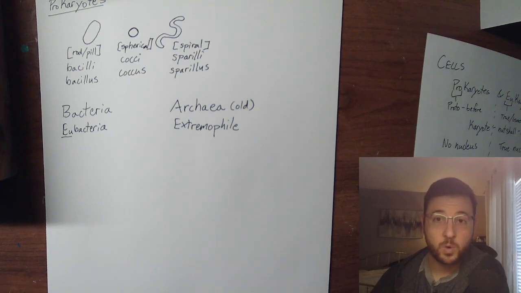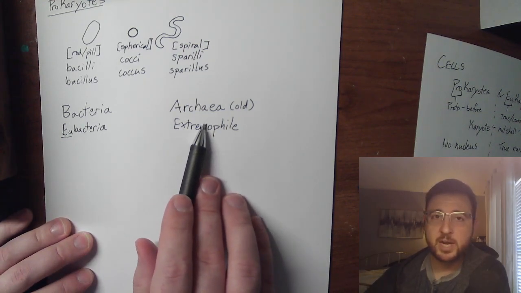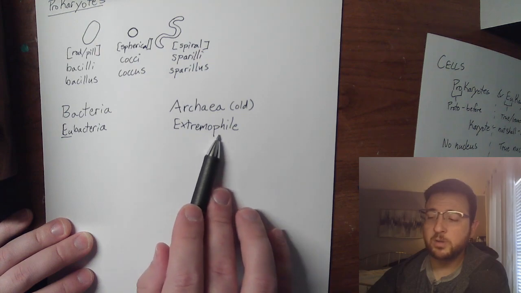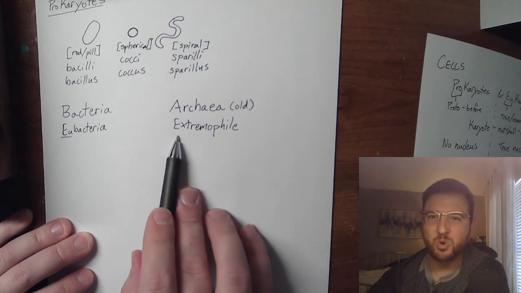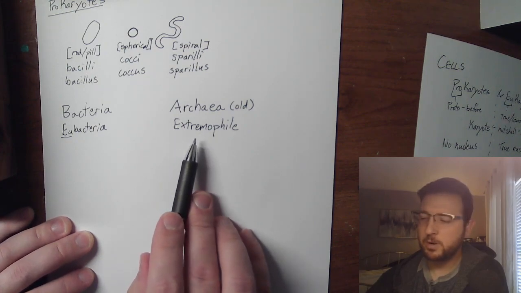They can live in really, really hot areas, like hydrothermal vents at the bottom of the ocean that are boiling hot temperatures. Archaea can live there. They can live in really cold areas, and some of them even live inside your guts. So these archaea live in very extreme places, so they sometimes are called extremophiles, but that's more a descriptive term and not a name for them, if you will.